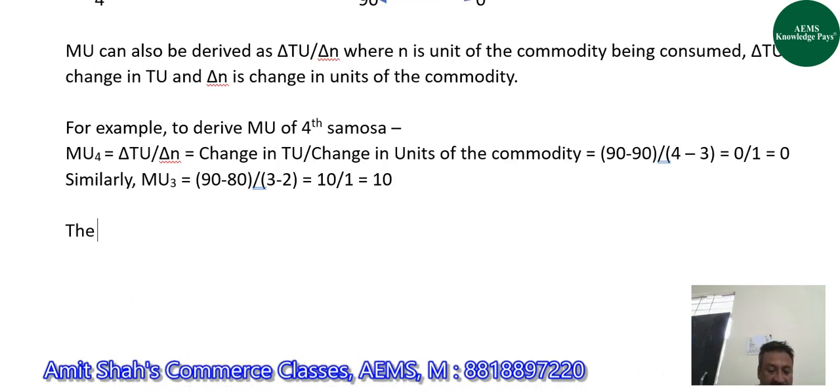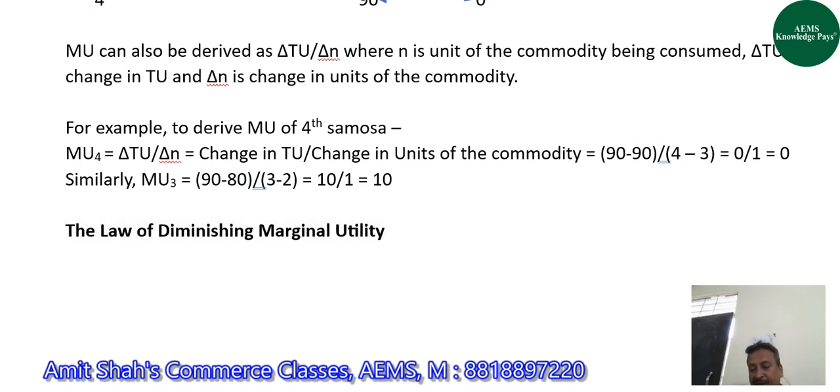So, guys, the next thing that we have is the law of diminishing marginal utility. We know that this law has been given by Alfred Marshall.